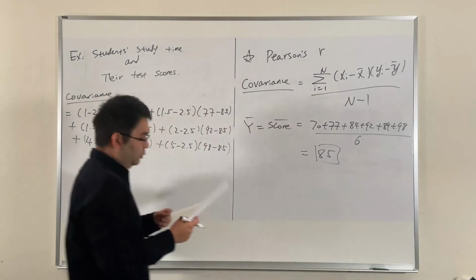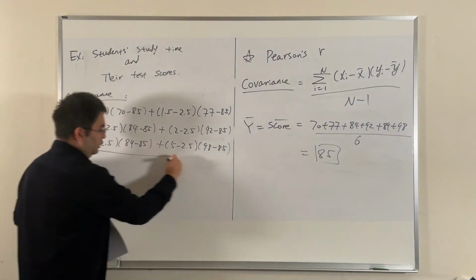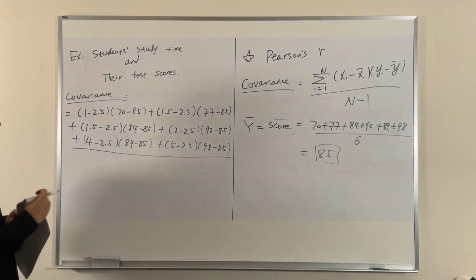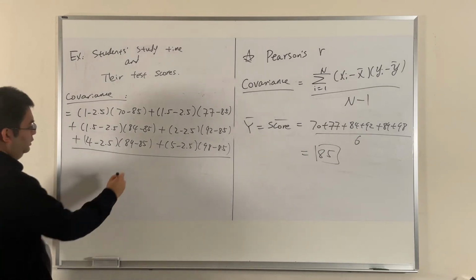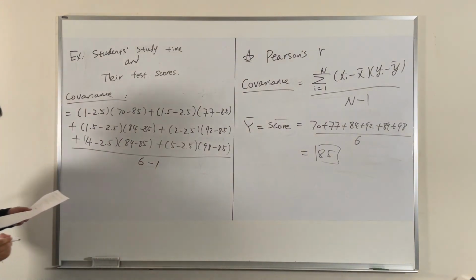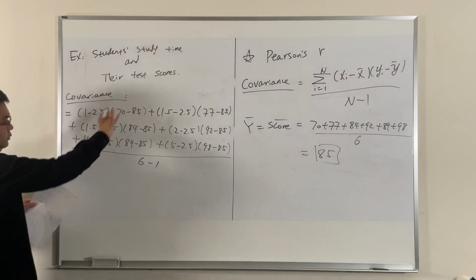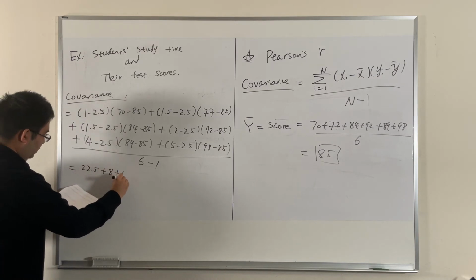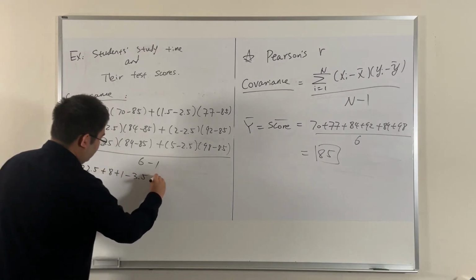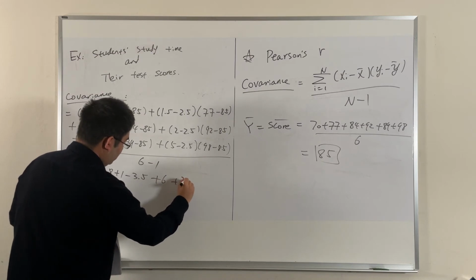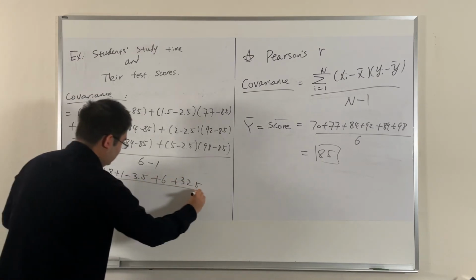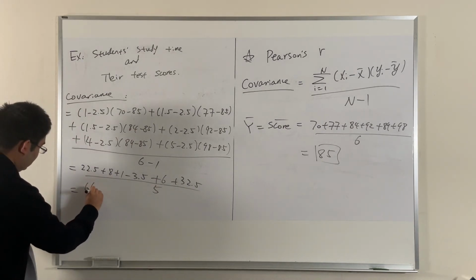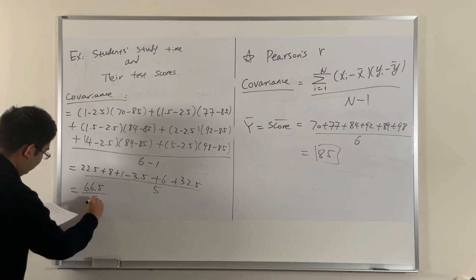Okay, then we're going to divide by n minus 1. So in this case, we have 6 sets, right? So n is 6, but we're doing n minus 1. So 6 minus 1, and if we do the calculations, we have 22.5 plus 8 plus 1 minus 3.5 plus 6 plus 32.5. We're going to divide this by 5. And the result we get is 66.5 divided by 5.